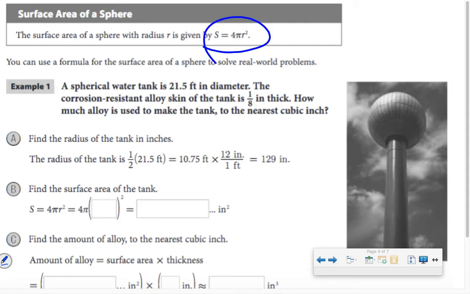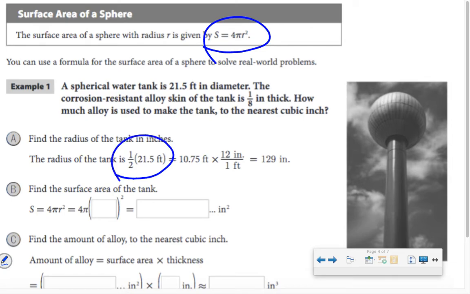And so in example 1, part A, let's use that. In example 1, I have a spherical water tank with a 21.5 foot diameter. That's why the first thing they did here is take half of that in order to find the radius.